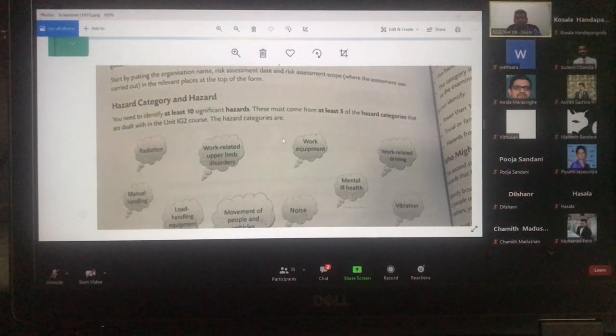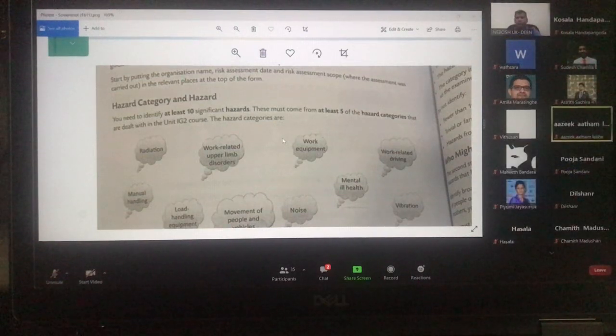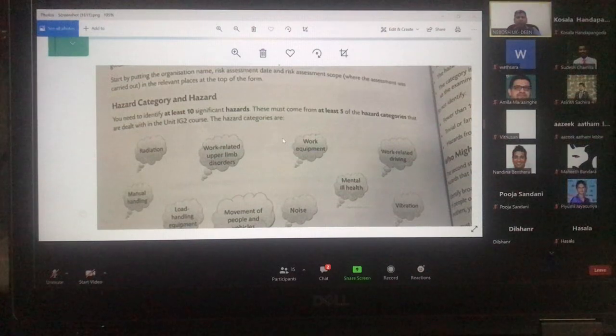Can everyone see the screen? Visible? Yes, sir. Yes. So see the screen. This page is there in your IG2 book. You can open and see somewhere there this page. It's in the IG2 book. Right? You can see it. On these pages, see hazard category and hazard.